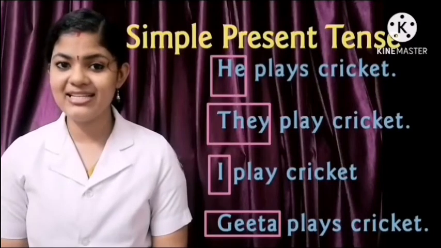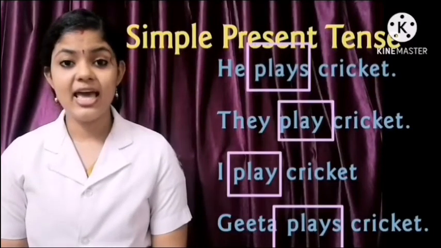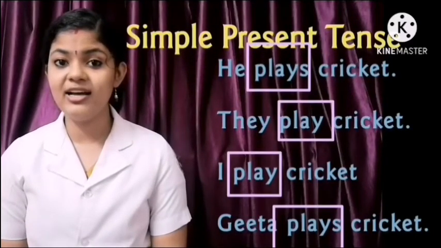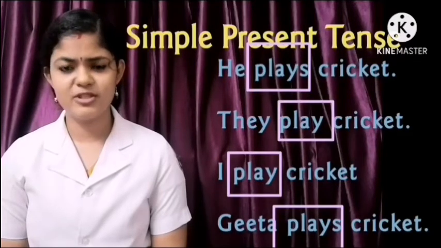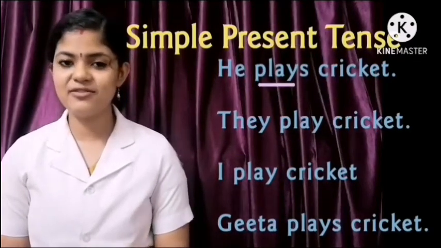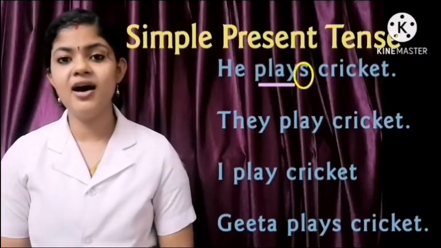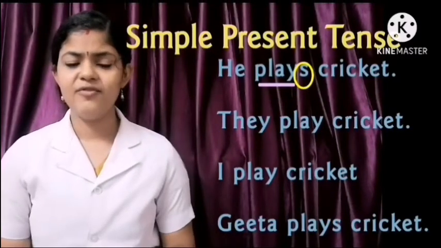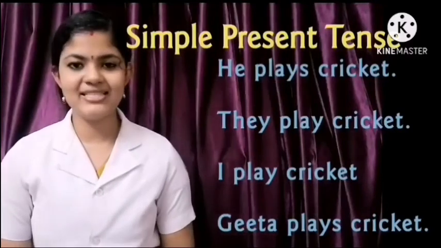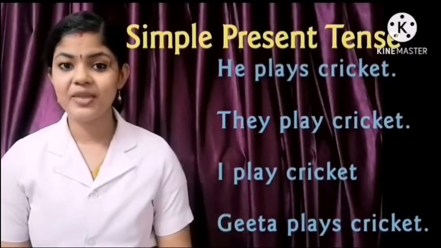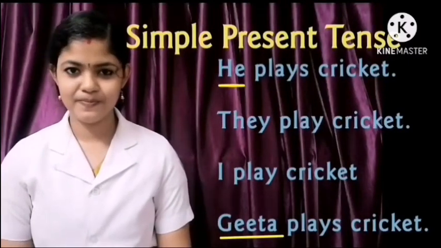In this verb we can see S is added to the base form of the verb, which means play is the base form of the verb and we add S and it becomes plays. But we can see the word plays with he and Gita.